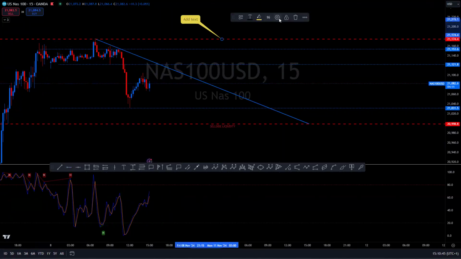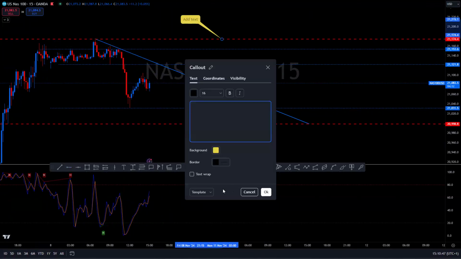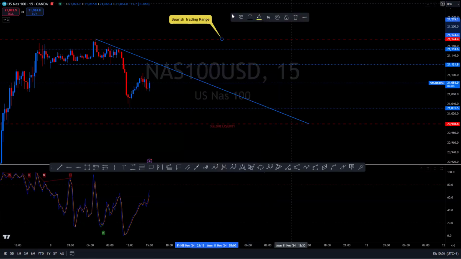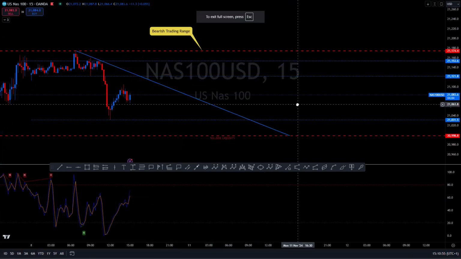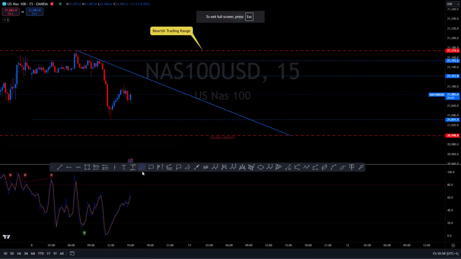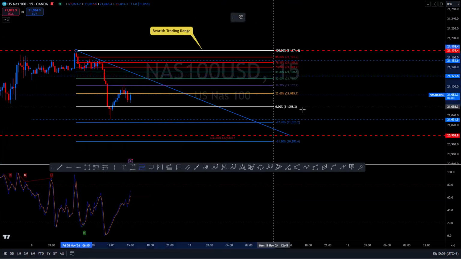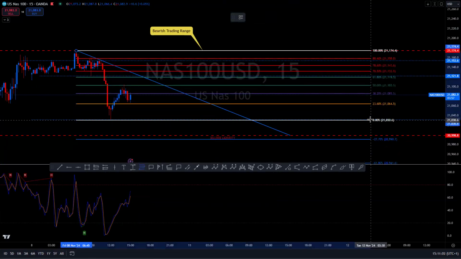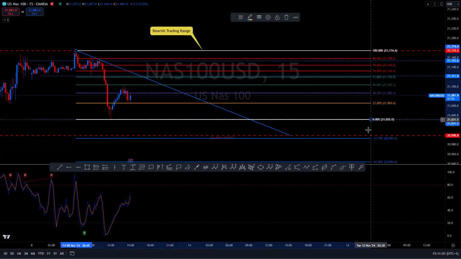I'm going to put that here. Now we're going to take our Fibonacci and swing it from the most recent high to the most recent low.